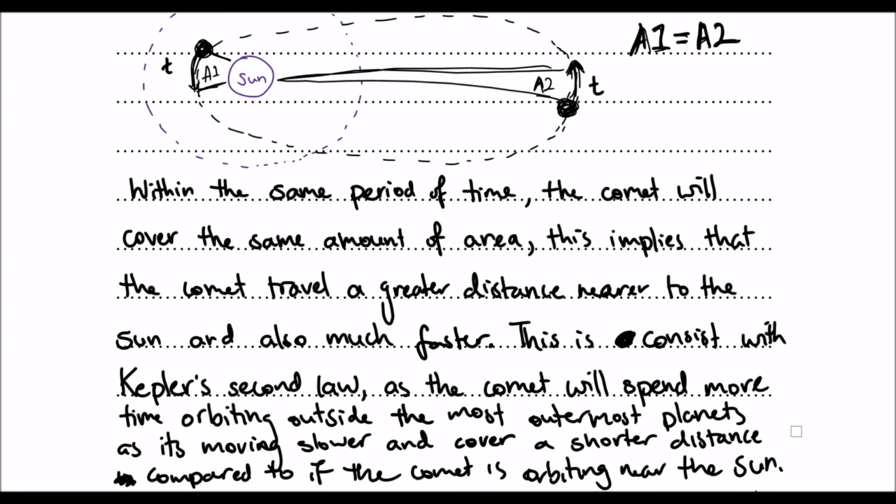So that's essentially what Kepler's second law is trying to tell us. It's essentially saying a comet orbiting around the sun. Well, firstly, the first law states that it's elliptical. The reason why it's elliptical is because although they cover the same area in that same period of time, the distance traveled is a lot shorter. Might actually extend that, make that a bigger distance.